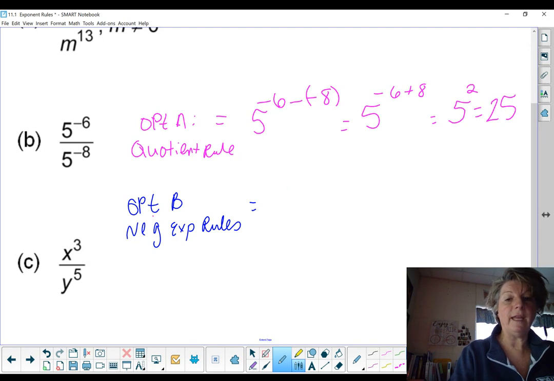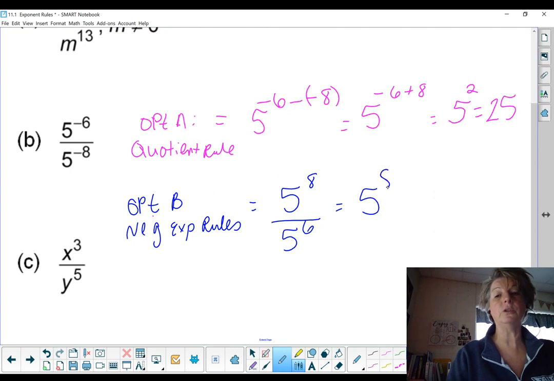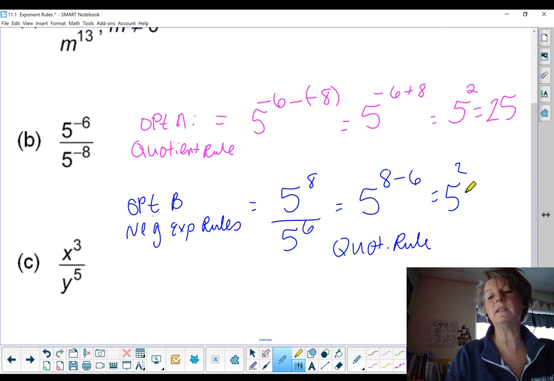So I'm going to take 5 to the -8th and make a positive 8, putting it up on top. 5 to the -6, move it to the bottom. And now I'm going into the quotient rule, 8 minus 6. And 8 minus 6 gives us 5 to the 2nd. And 5 to the 2nd is 25.